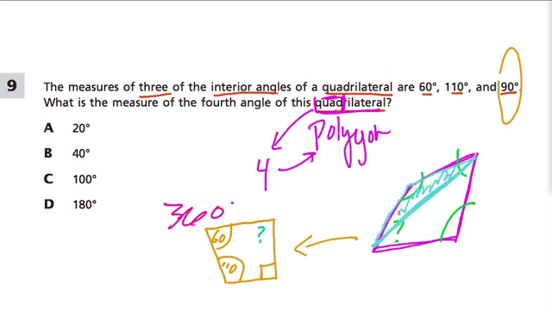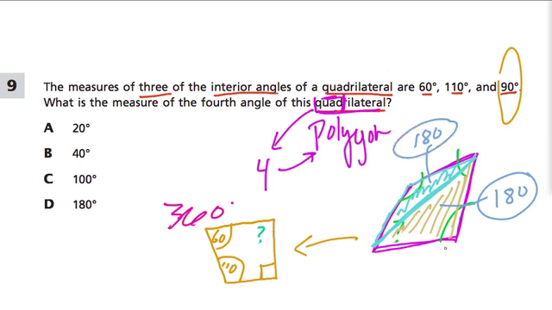Every triangle is made from 180 degrees. And since a quadrilateral can be built with two triangles, it has to have 360 degrees, because each triangle has 180 degrees, so altogether this quadrilateral will have 180 and then another 180 degrees.